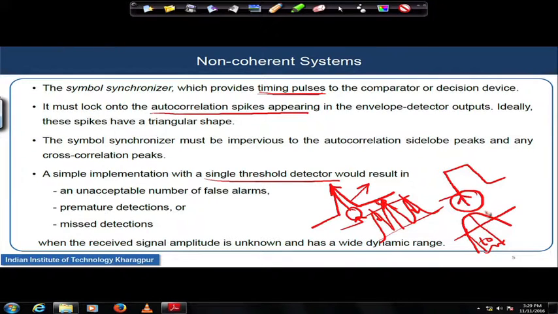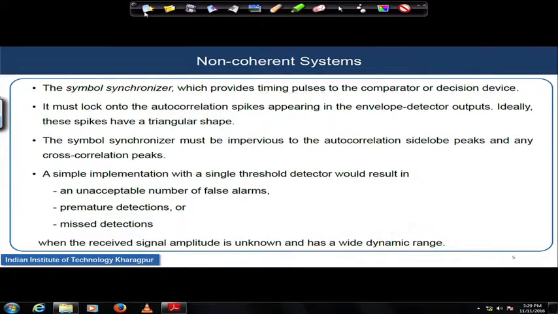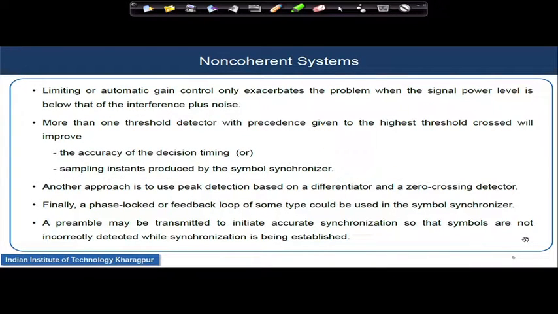So people prefer multiple threshold based detection, especially when the received amplitude is unknown and has a very wide dynamic range. In that situation, depending upon one threshold detector is not at all a good suggestion. There is an easy way to control that problem that we have discussed earlier: we can control the automatic gain control, AGC, to resolve the problem.